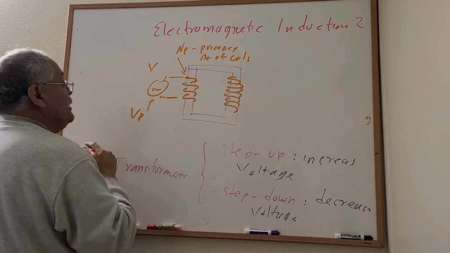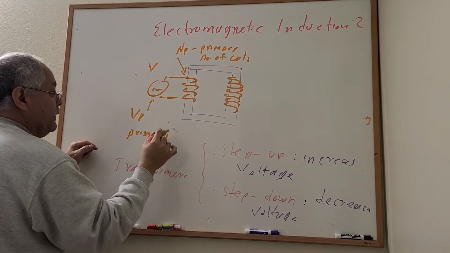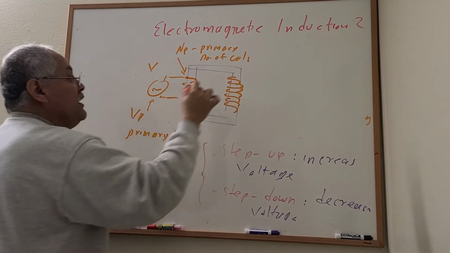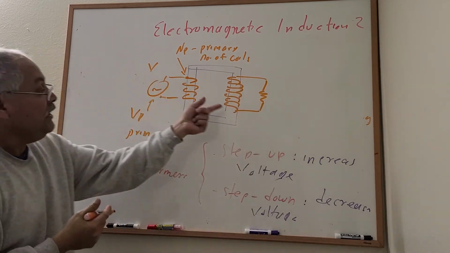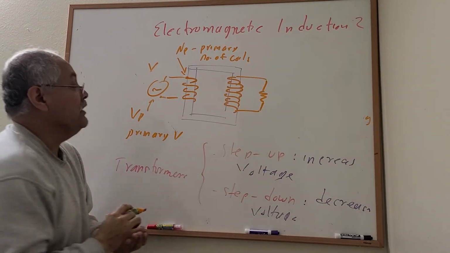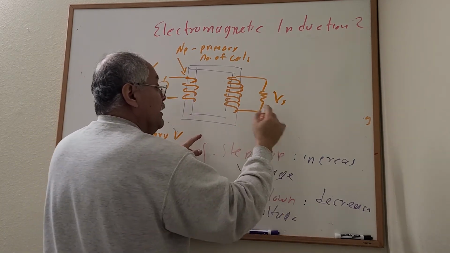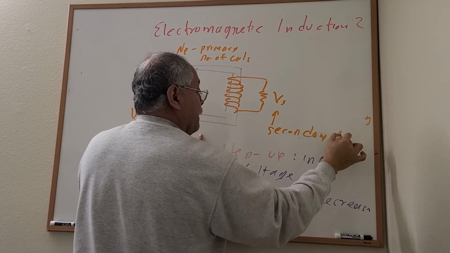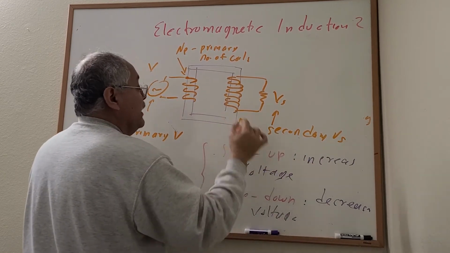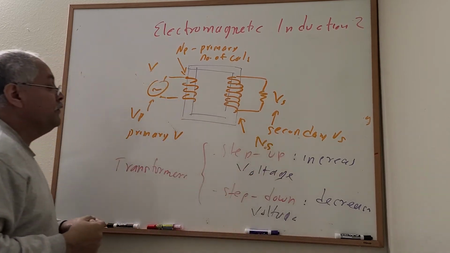VP is called the primary voltage. And right here we have the induced voltage. This is called the secondary voltage, and we have the secondary number of turns.